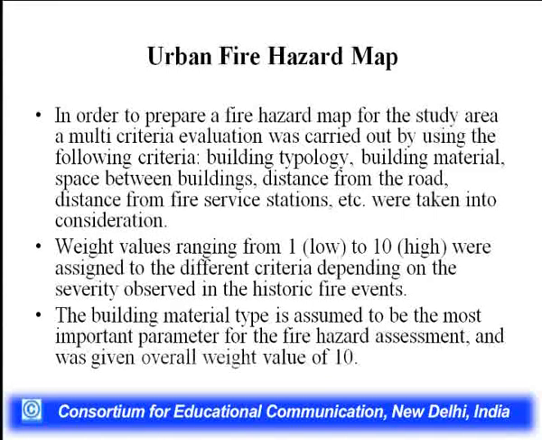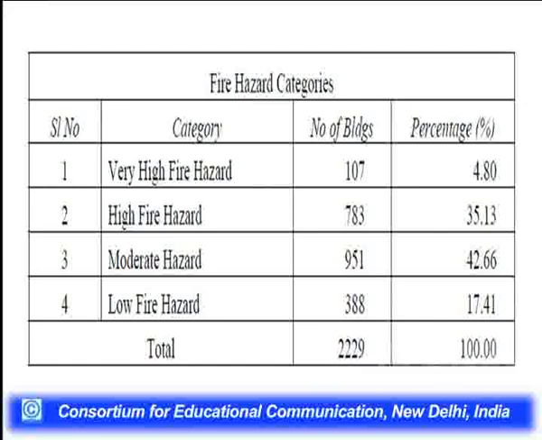That is why my suggestion will be to rehabilitate such people to some area, give some land and make some space so that fire vehicles and others can enter. These are the aspects that should be taken. Here you see different fire hazard categories, very high fire, moderate, low fire, and the number of buildings identified. So planners and policy makers can take such data.